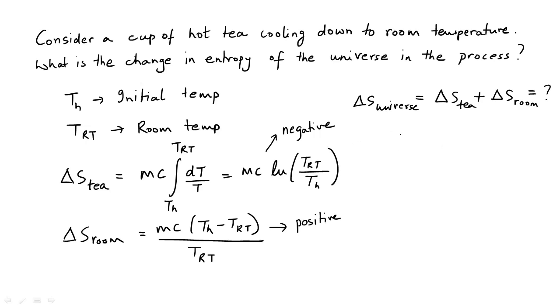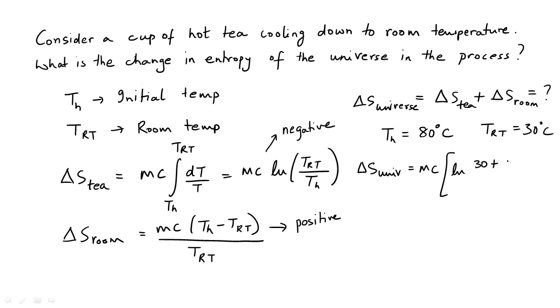So let us say the initial temperature of the hot tea is 80 degrees Celsius and of the room is 30 degrees Celsius. So the change in entropy of the universe for this process is mc ln of room temperature, so it is 30 plus 273 over 80 plus 273.